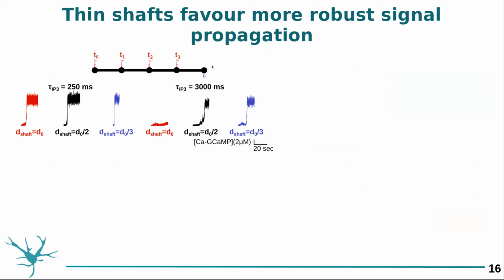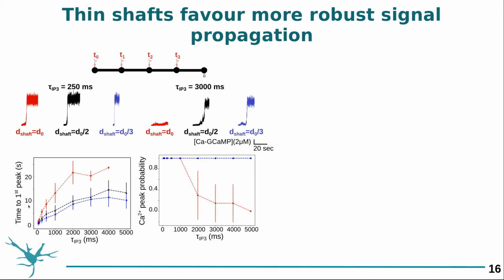And we varied one parameter here, which is the time between stimulation of each single node, which is called here tau IP3. And you have here example traces of calcium signals in the 5th node with this delay between each node stimulation that is 250 milliseconds or 3 seconds here.